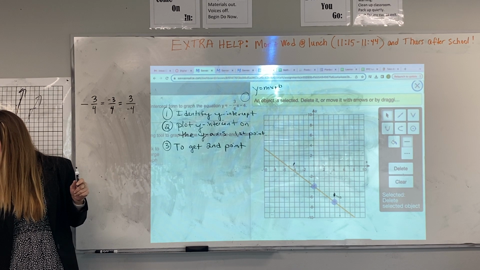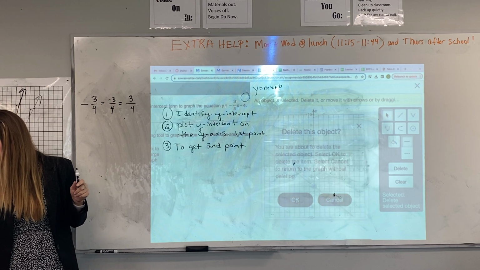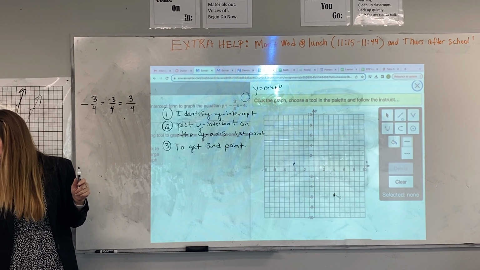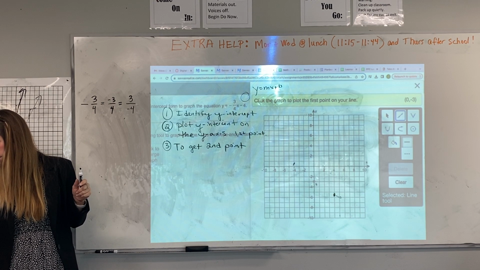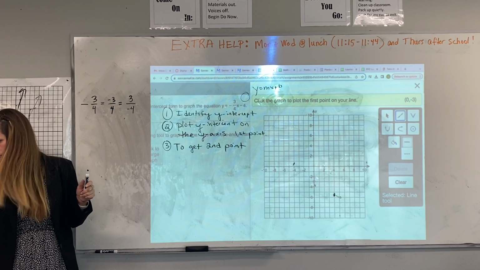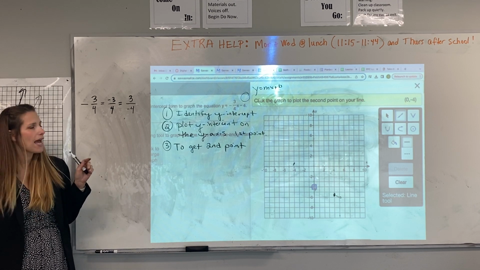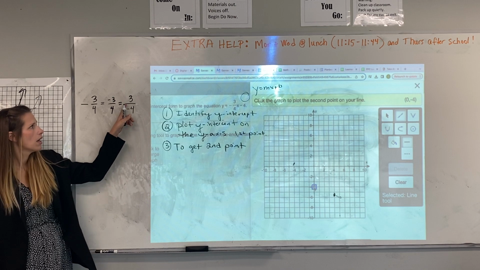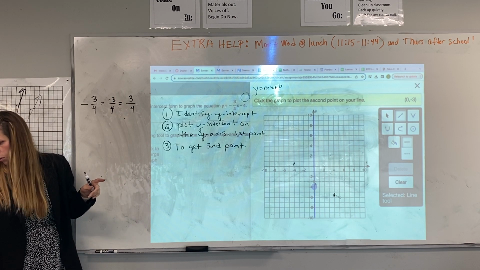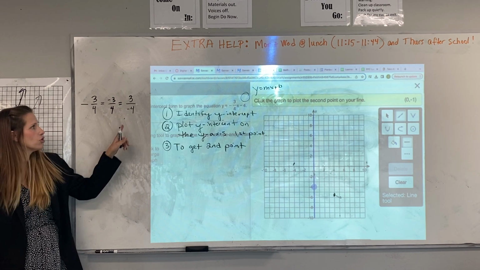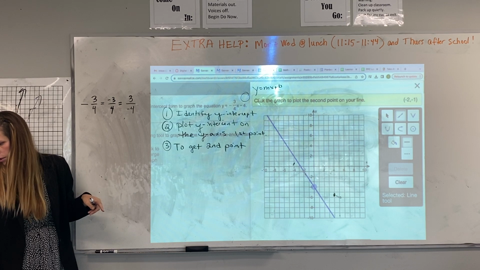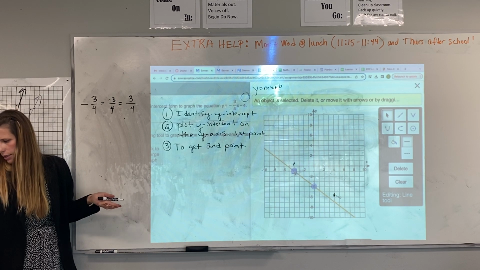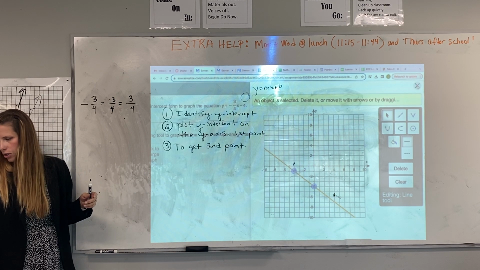Just click delete. Oh no, it erased everything. Okay, I'll plot it again. My y-intercept was negative 4. Okay, so I technically could also go up 3, rise 3, 1, 2, 3, and to the left 1, 2, 3, 4. Either way, it's going to be correct.